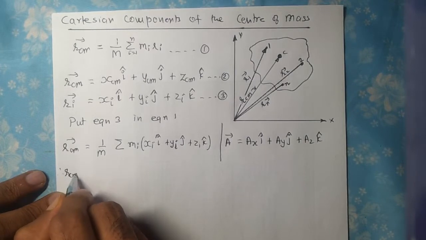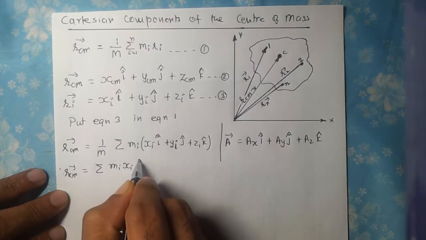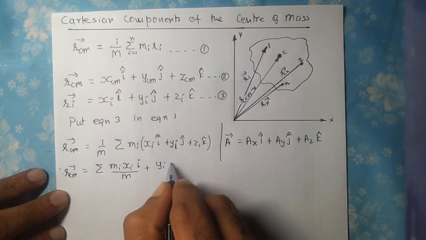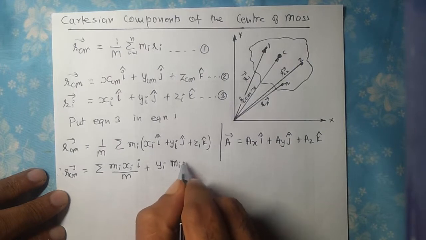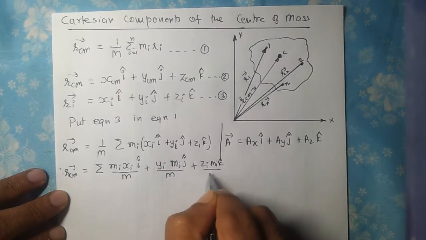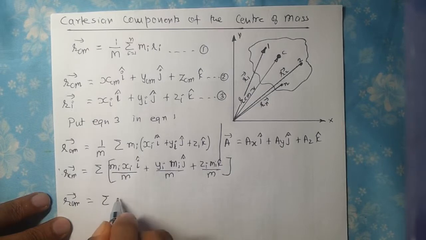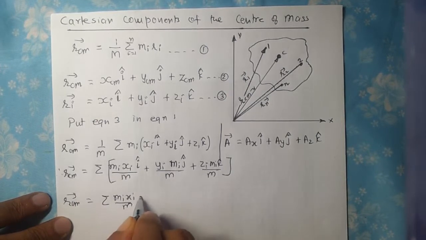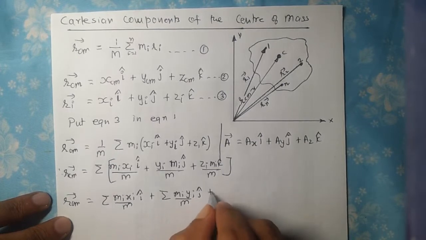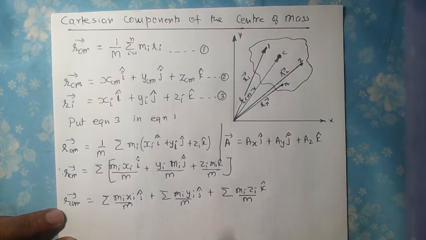Therefore, RCM now will become equal to sigma of mi xi i upon M plus yi mi j upon M plus zi mi k upon M. And this can be written as RCM is equal to sigma of mi xi upon M i plus sigma of mi yi upon M j plus sigma of mi zi upon M k, right?